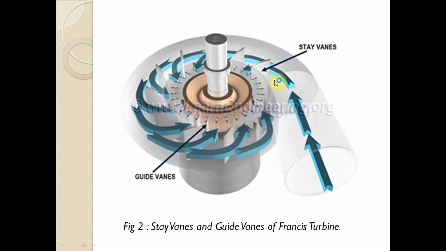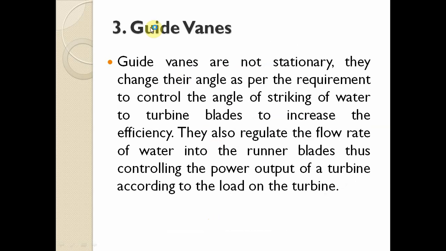So this is the figure of stay vanes. Here parallel stay vanes have been fixed to this central arm, and guide vanes are there inside the stay vanes, and water will be entering the pipe in this arrow direction. So this is the figure of stay vanes and guide vanes of the Francis turbine. So next one is guide vanes.